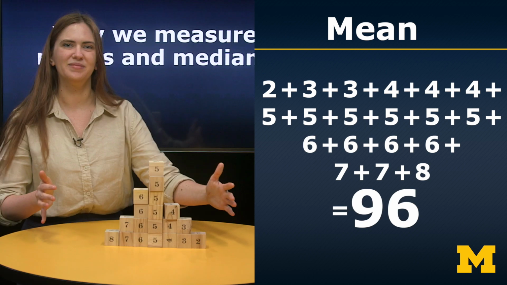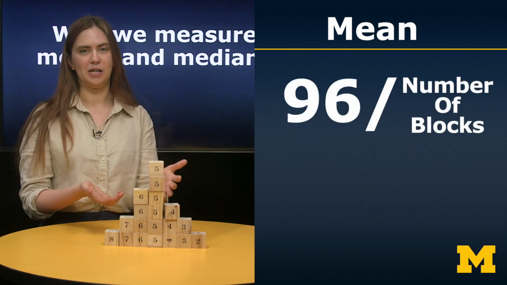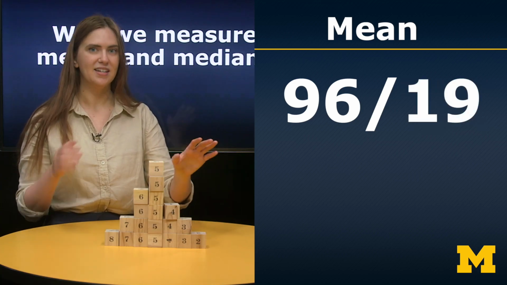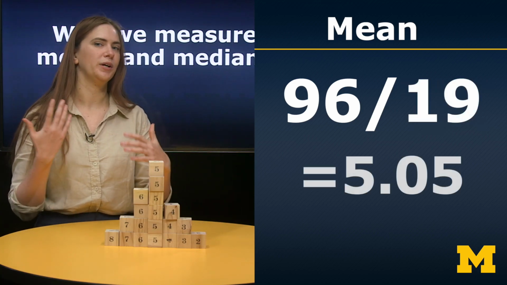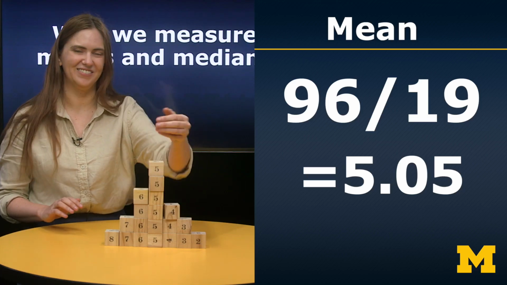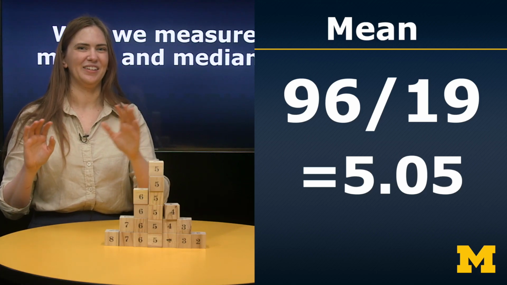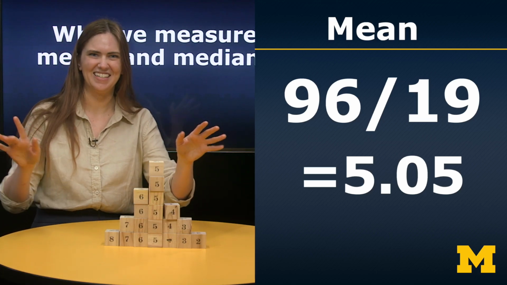We're going to add all those up. And then we're going to divide that sum by the total number of blocks, which happens to be 19 blocks. And that's going to give us about 5.05, which is also going to be pretty close to this peak of the distribution. And now just so you know, I didn't calculate 5.05 in my head. I had that written down.